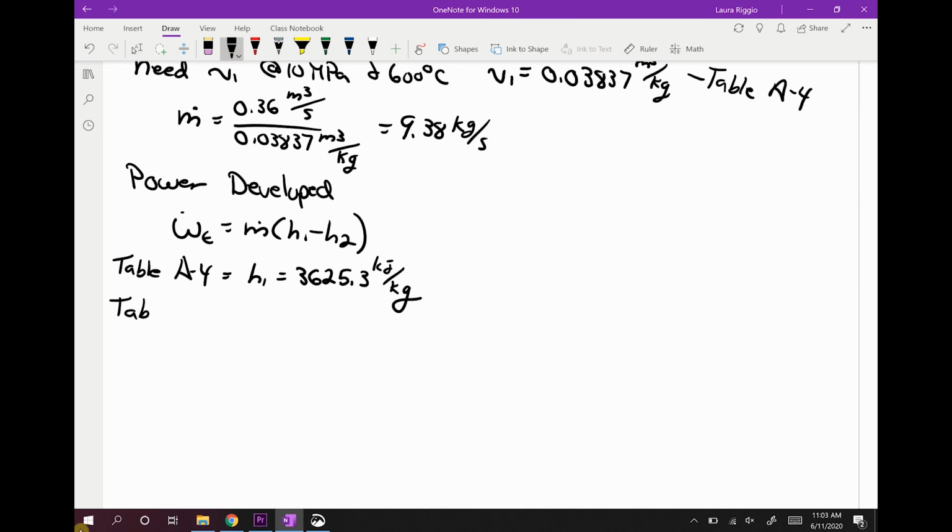State 2 we know is a two-phase mixture, so I want to go to table A-3, and at 0.1 bar, I get hf and hfg.